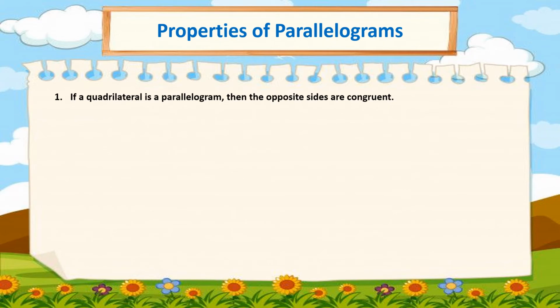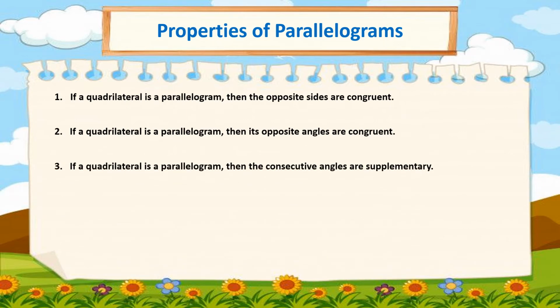Let us recall the different properties of parallelograms. First, if a quadrilateral is a parallelogram, then the opposite sides are congruent. Next, if a quadrilateral is a parallelogram, then its opposite angles are congruent.